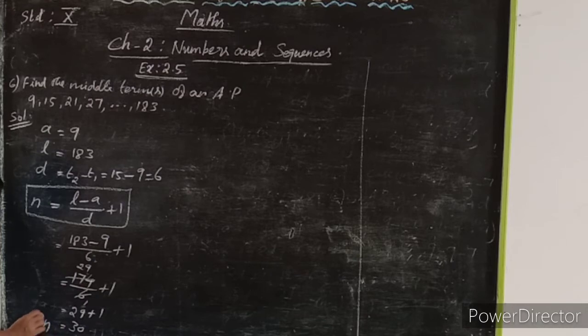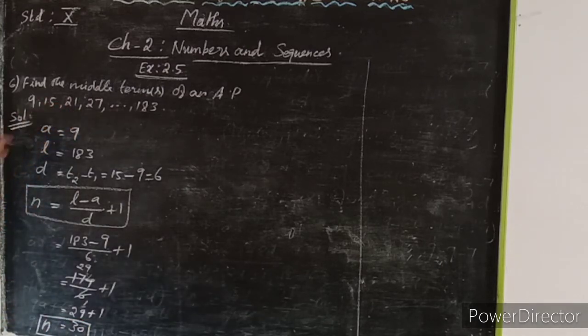So totally there are 30 terms in this given AP. So 30 terms are there, which means the middle terms are the 15th and 16th, because there is an even number of terms.